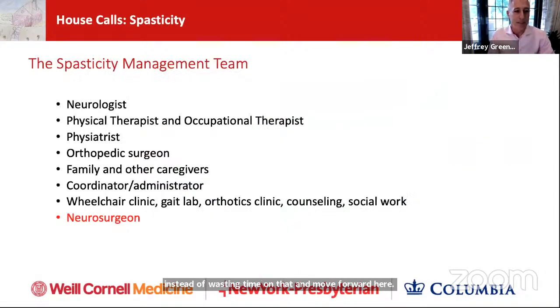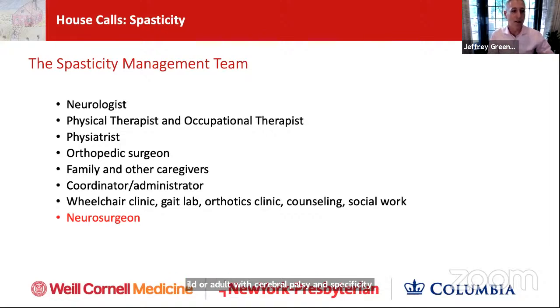I wanted just to put this slide at the beginning here. This is the team that you may encounter one or many pieces of if you're a parent or a young adult who has spasticity and you're trying to find a therapeutic route to improve your symptoms. As a neurosurgeon, I put myself way at the bottom of this list, you can see in red, because there are so many other pieces to the puzzle of the complex care of a child or adult with cerebral palsy and spasticity.